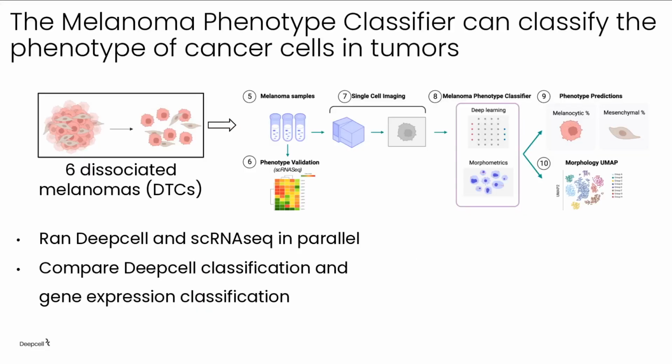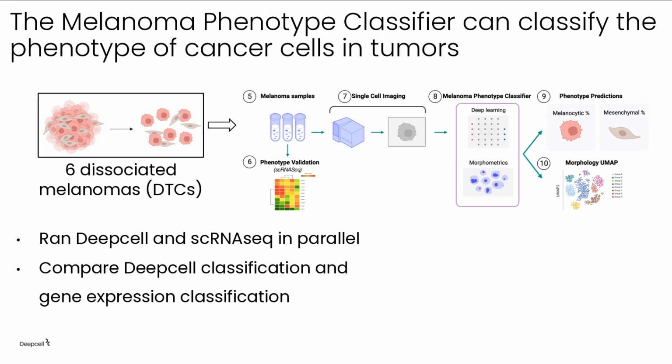Next, we wanted to move on to patient-derived material, and for this we had 6 tumor samples, melanoma tumors, that we dissociated into single cells. These single cells we then again input into our system. We imaged them and ran our classifier and made predictions for melanocytic versus mesenchymal cells.